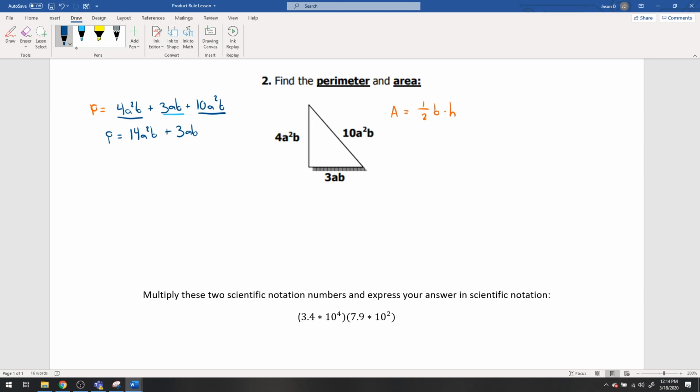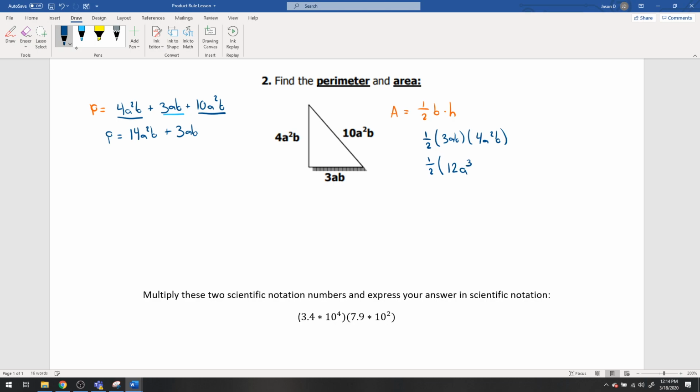When it comes to area, this is where you use product rule. If area is equal to half base times height, let's plug those things in. Half times the base, which is 3ab, times the height, 4a squared b. I'll leave that 1/2 alone for a second. Multiplying together the two parentheses, 3ab and 4a squared b, we get 12 from 3 times 4.